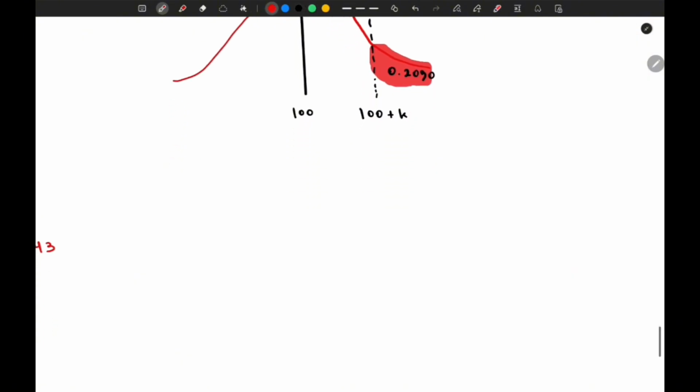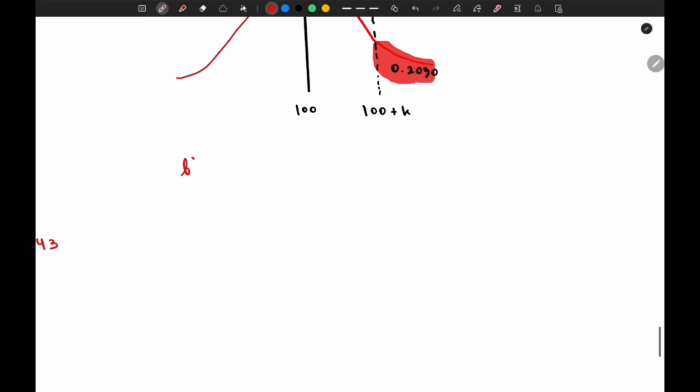Alright. Now we can say that the probability for X to be greater than 100 plus k is 0.2090. First of all, we need to convert this inequality sign into less than.